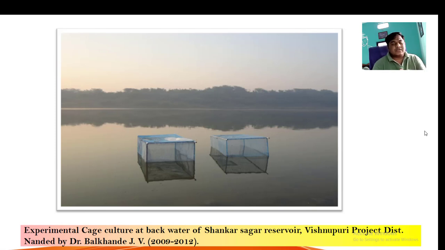I cultured Catla, Labeo rohita, Oreochromis mossambicus and Clarias batrachus, 4 species of fishes, in this cage culture. I have observed that all these species can be potential for culture in cages also.